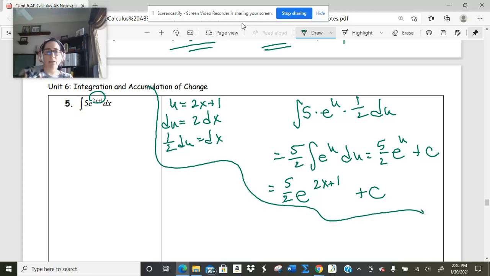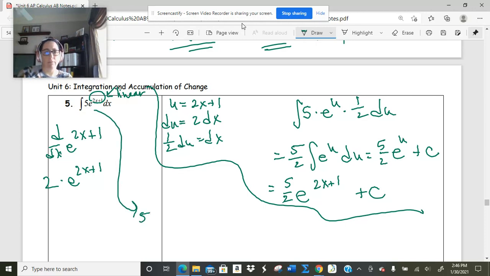Just like the sine and the cosine, when this exponent is linear, we can do a shortcut. I know that when I did the derivative here, I leave that alone, and then I multiply by the derivative of that linear function. So if I want to take the antiderivative, 5 gets to just go along for the ride, I'm going to leave this alone, and instead of multiplying by 2, I'm going to divide by 2.